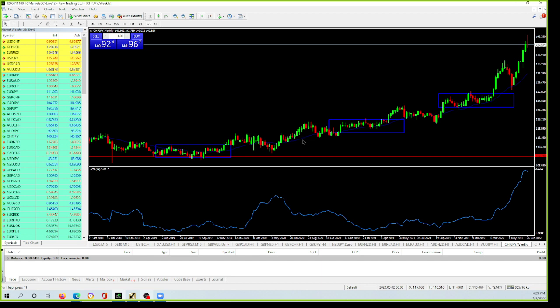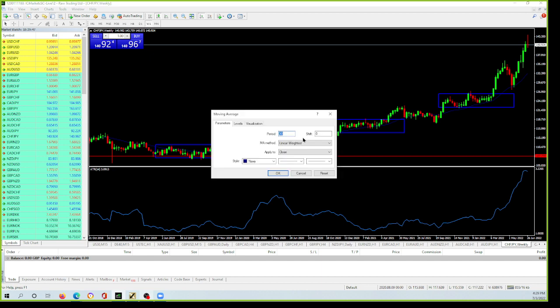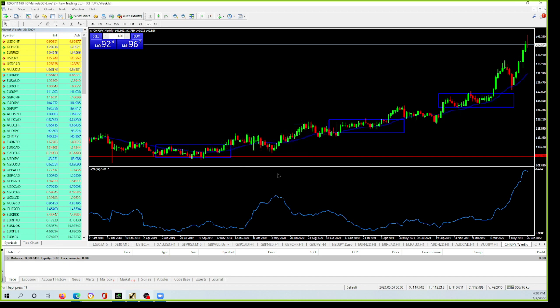What you need to do here is make it a little bit thick. I'm using the linear weighted, but if you want, you can try out simple, exponential, or smooth. You can try out all of them yourself and see which is good.